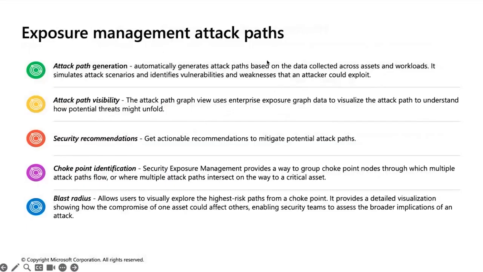For exposure management attack paths, attack path generation gives you information based on the data collected across assets. This can simulate attack scenarios and identify vulnerabilities and weaknesses that an attacker could exploit. You can see an attack path pattern and the weaknesses, which come in different color coding, like red, green, yellow. Red is more vulnerable.